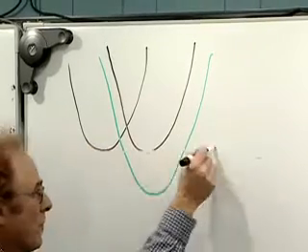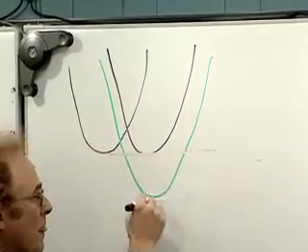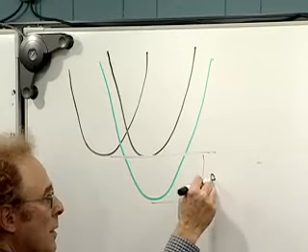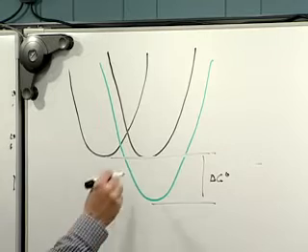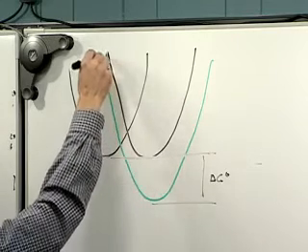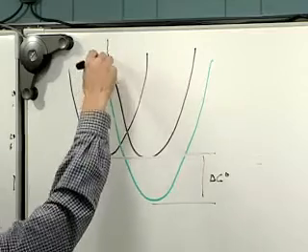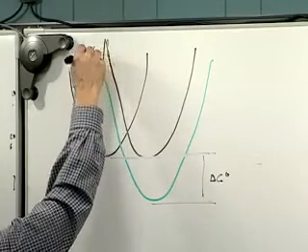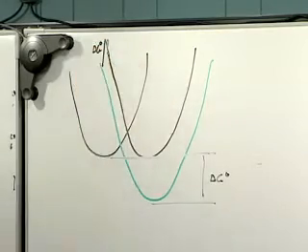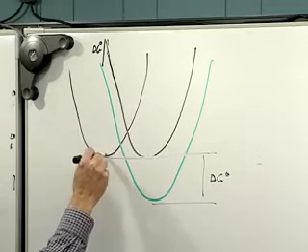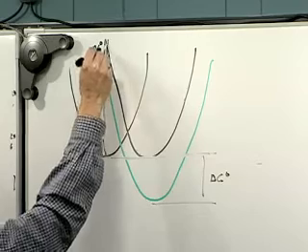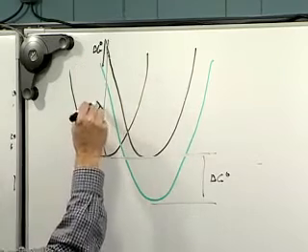And this will be delta G0, the driving force for the reaction. And so since this offset is delta G0, despite my drawing, this offset will be delta G0 also. This distance is lambda.